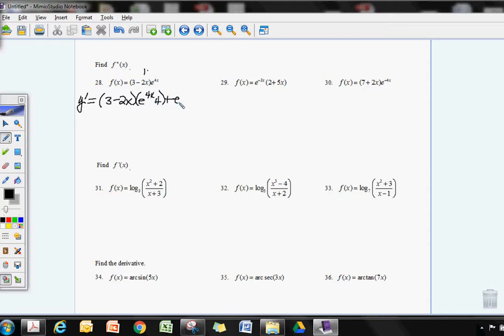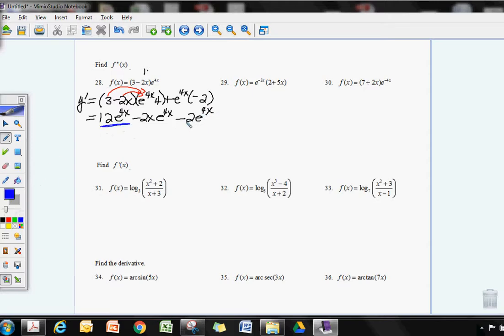Added on to the second term, e to the 4x, derivative of the inside is negative 2. So I'm going to clean this up and I'm going to distribute. That means this 3 is times all of that, this 2x is times all of that, and when I do that, I end up with 12e to the 4x, subtract 2x e to the 4x, and I'm subtracting a 2e to the 4x.